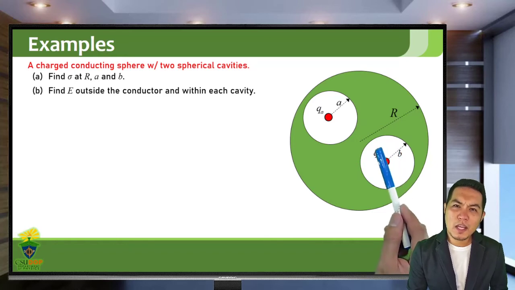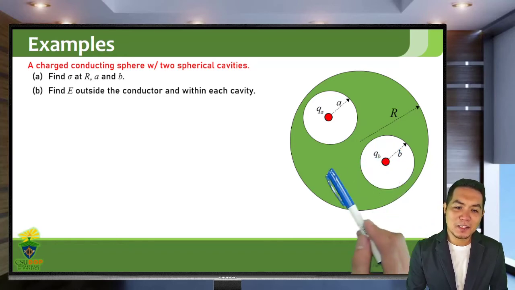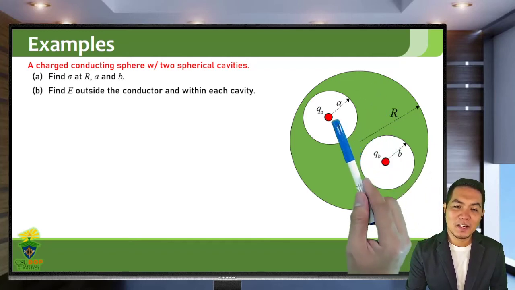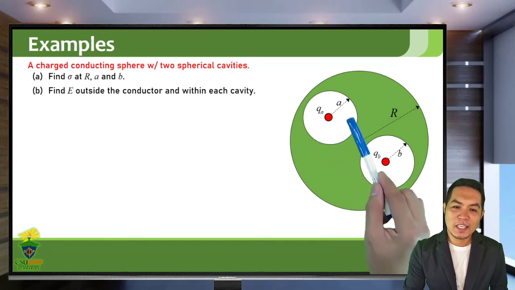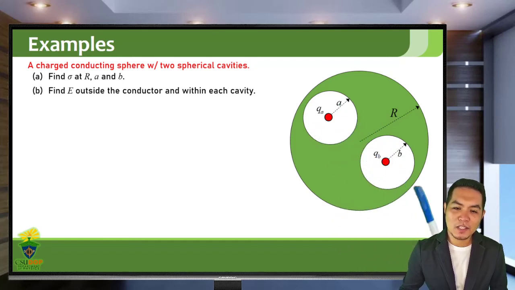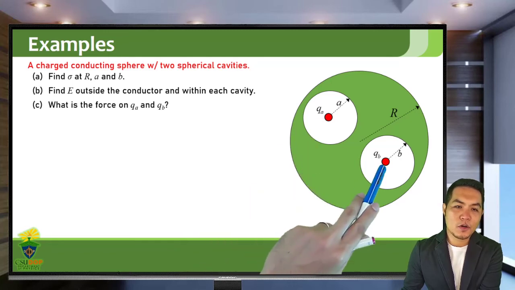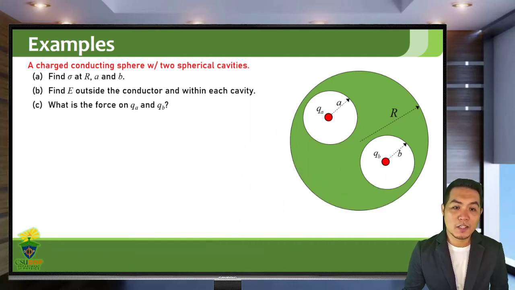So there's only 3 electric fields that matter. The electric field inside the conductor in this green region here is 0 because this is inside the conductor. So the electric field within this cavity, and outside this conductor. So that's for letter B. And lastly, what is the force on QA and the force on QB due to the charge distribution?